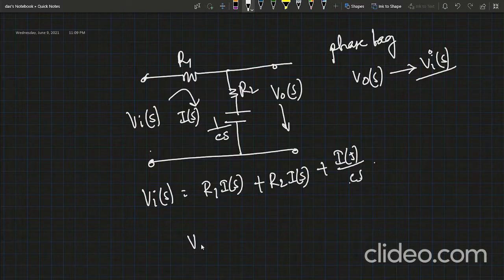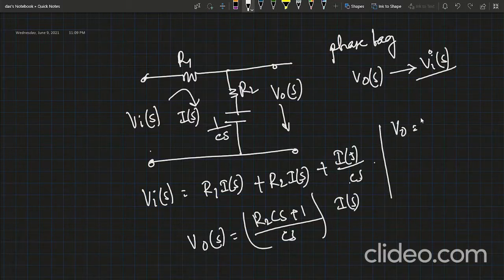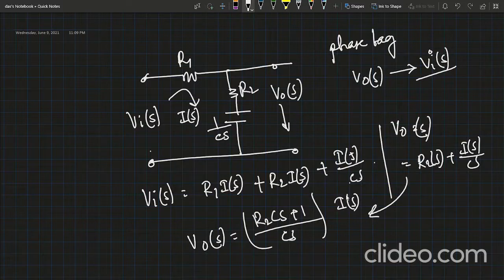If we rearrange this equation, we get V output equal to (R2 Cs plus 1) divided by Cs into I(s), because V0(s) equals R2 into I(s) plus I(s) by Cs.